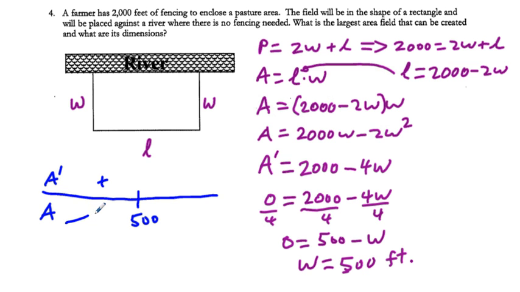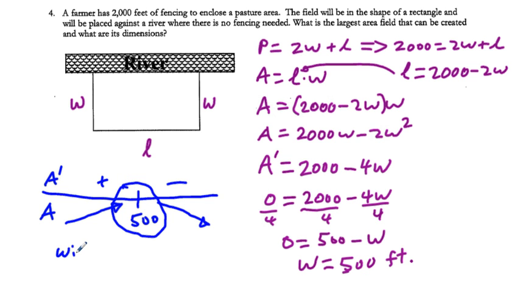So area is increasing all the way to the width being 500. If we use a width greater than 500, say 600 feet, 500 minus 600, that's going to be negative. So 500 is our width.